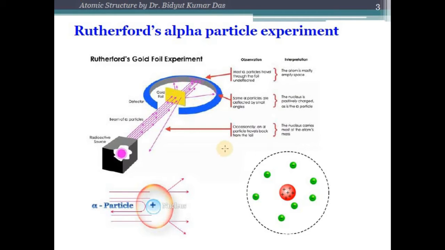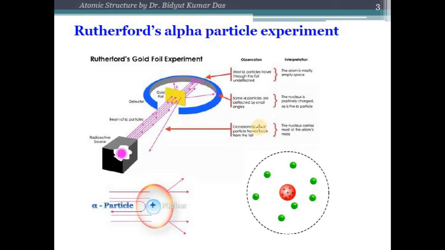Therefore, Rutherford proposed that atoms must have a positive core, and most of the mass of the atom is concentrated in this positive core, which is responsible for the deflection of the alpha particles.